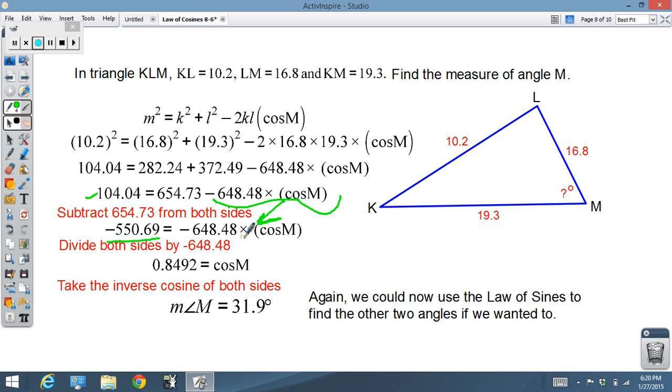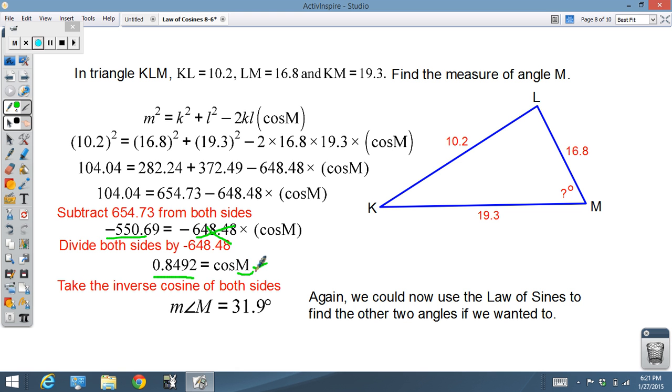Now, since this is multiplied, we divide both sides by 648.48. Okay, so when I divide this by 648.48, I get that value there, and when I divide this by 648, of course, that turns to 1, and we're left with just the cosine of m on the right-hand side of the equal sign.